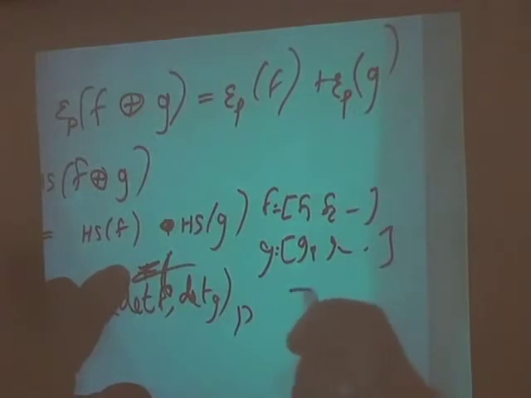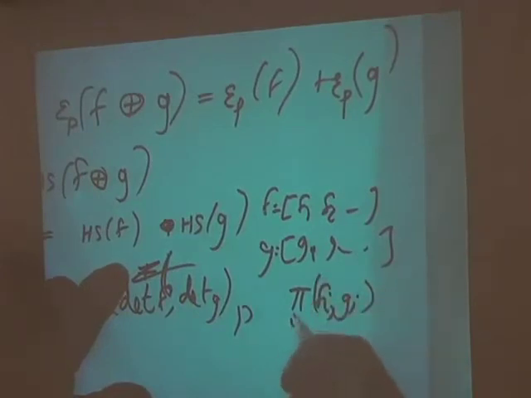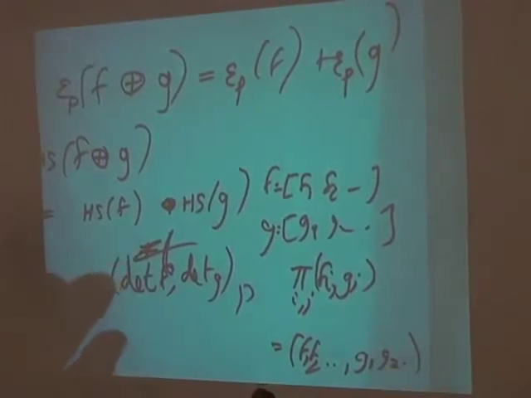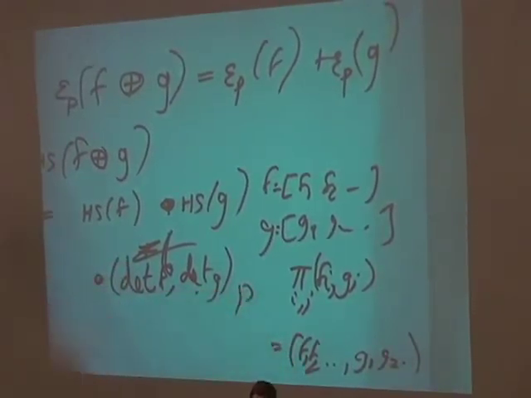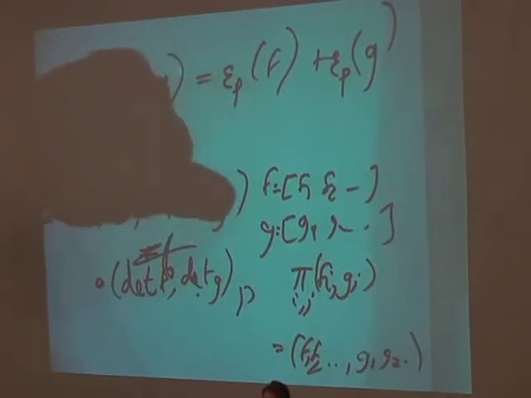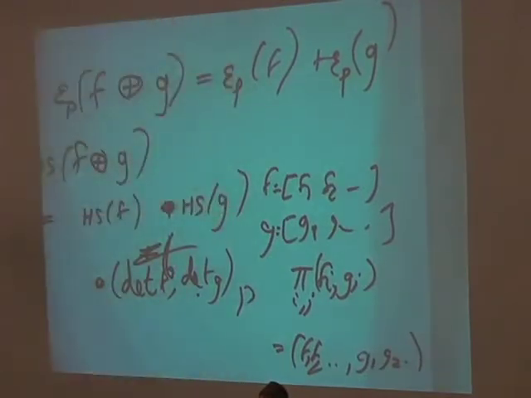And then the product of Fi, Hilbert symbol Gj, product over i and j. But that is F1, F2 and G1, G2, because the Hilbert symbol is multiplicative, and that's determinant F, determinant G. So if you want to take the Hilbert symbol of a direct sum, you take the Hilbert symbols of the two factors and combine those. Whatever you want to call it. I think I've sort of almost said enough on this topic.